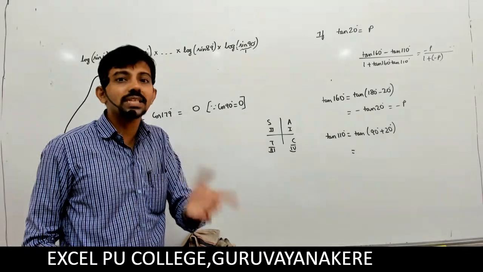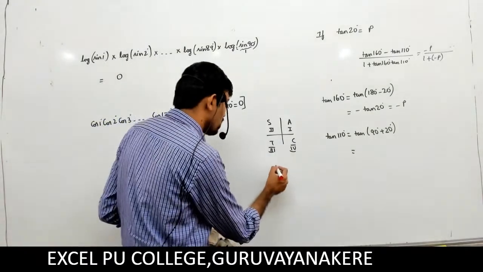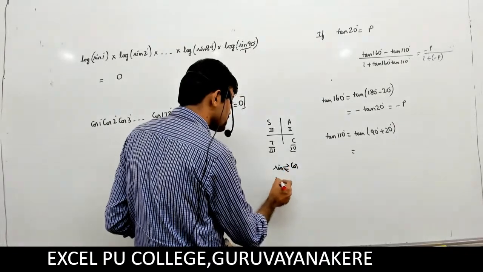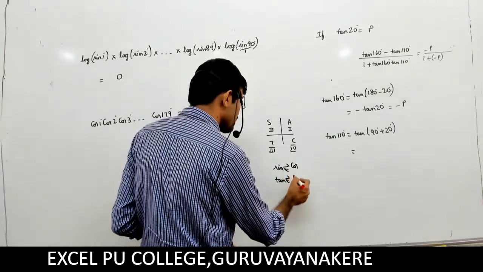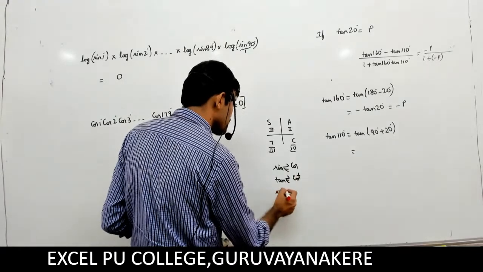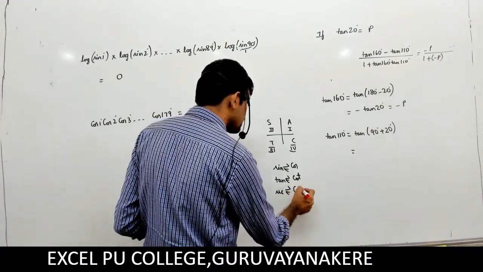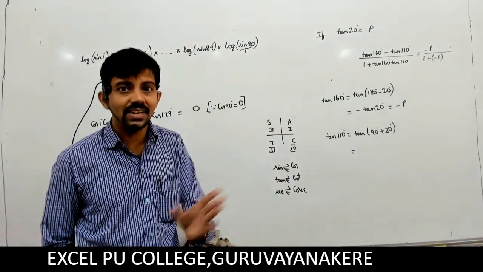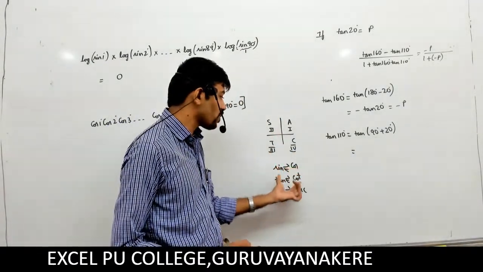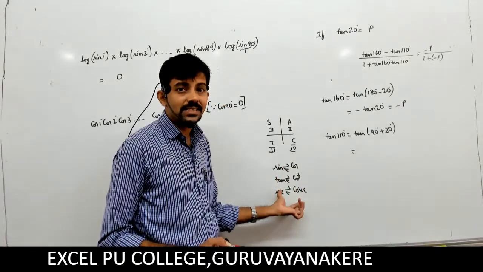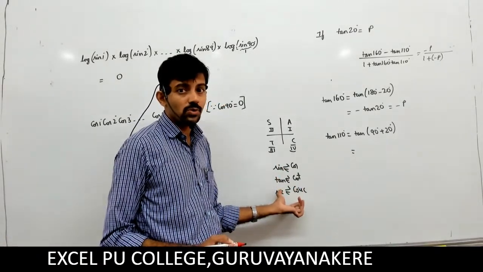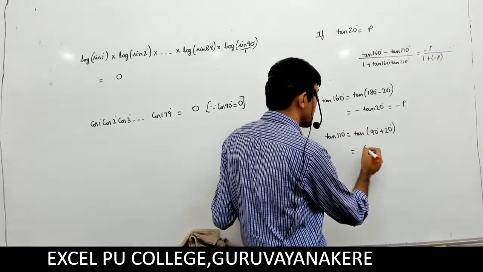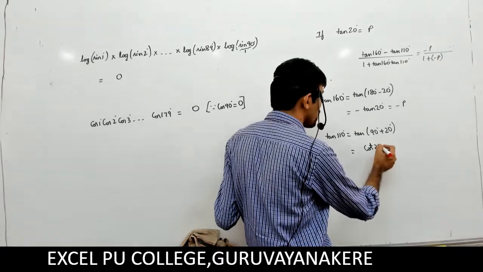Sin and cos are cofunctions, tan and cot are cofunctions, sec and cosec are cofunctions. For angles of the type 90 plus or minus theta and 270 plus or minus theta, write the corresponding cofunction. For 180 and 360, you write the same function. You must know the rules of allied angles. So this becomes cot 20.